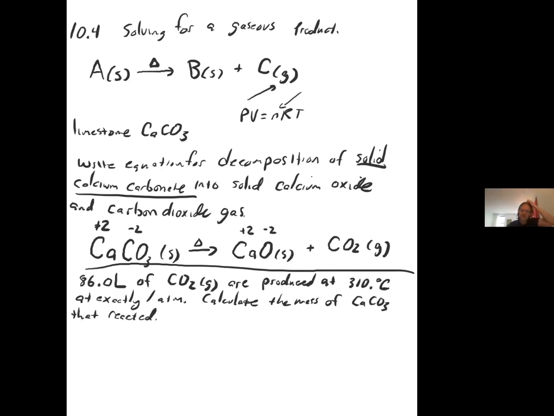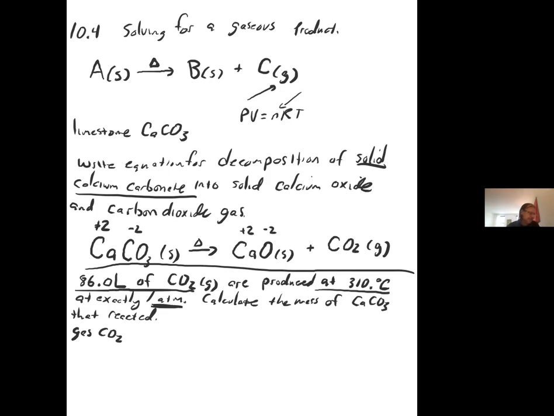Okay, very simple question. This really gets to the issue of what you did back in chapter 3, which is finding the moles of one substance from the moles of the other. So here's the approach for this type of problem. We're talking about a gas, CO2. All those numbers they gave you are for CO2.